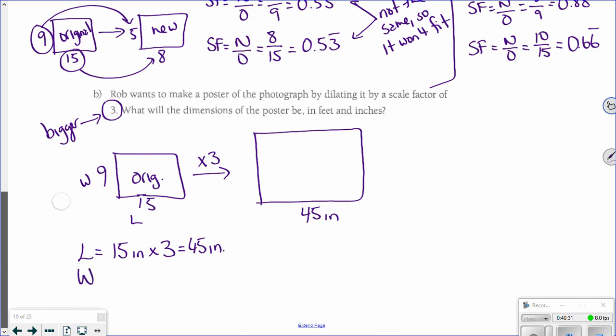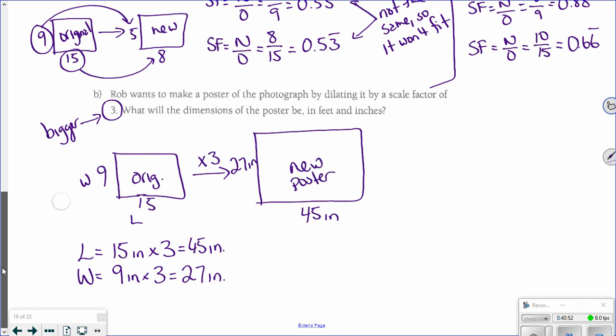For my new width, I take my original width, times it by my scale factor. So this is going to be 27 inches. 9 times 3 is 27. So if it hadn't asked for specific units, you'd be done. This is my new poster.